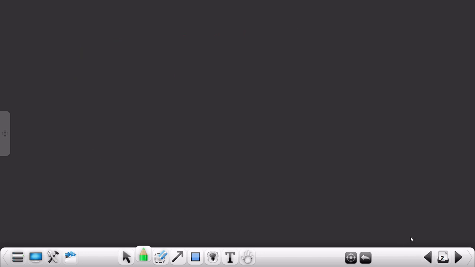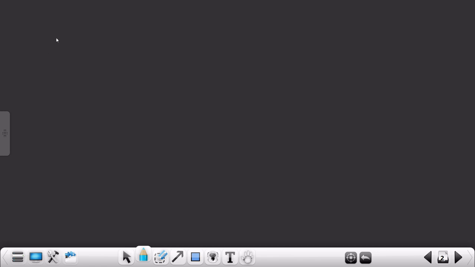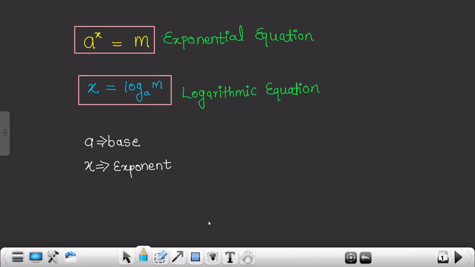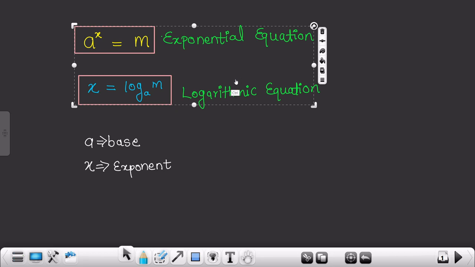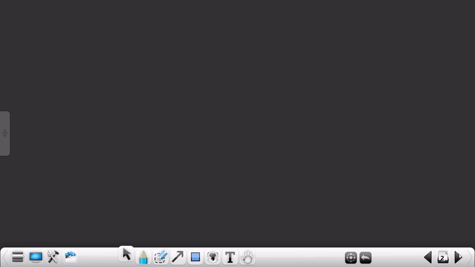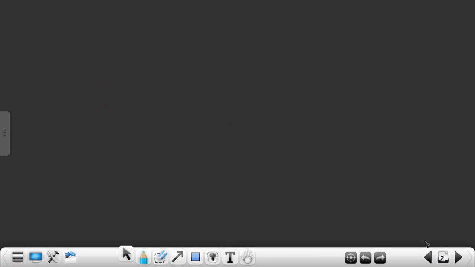Now we'll move to the next page and take one example to understand this. But before that, I will take these two equations to the next page so that it is easy for us to solve the numerical. Control V, somewhat like this. Oh, I think it didn't come properly.